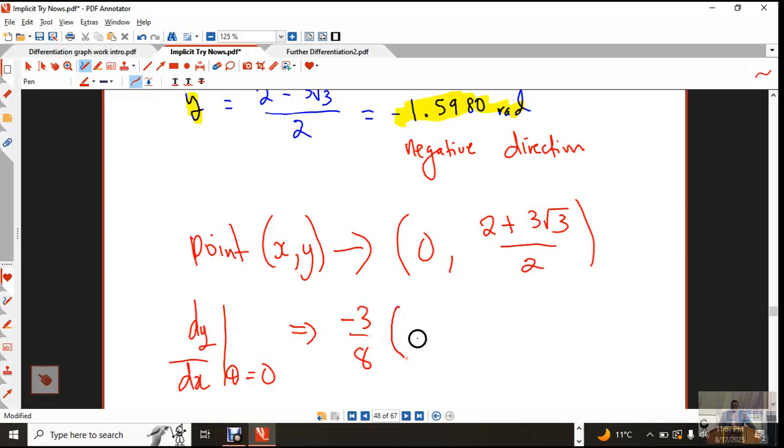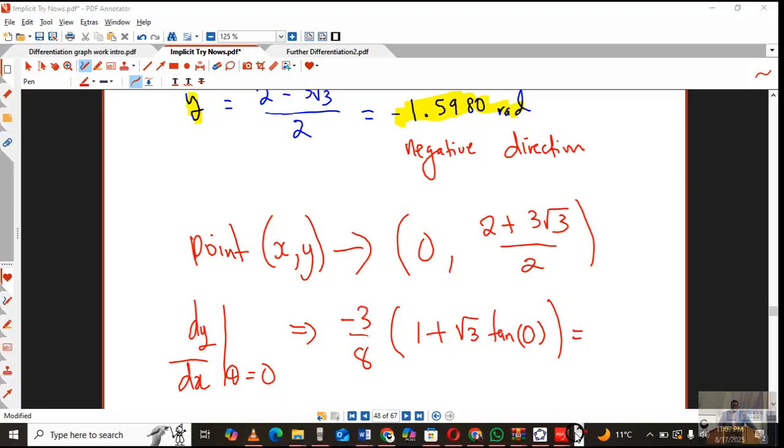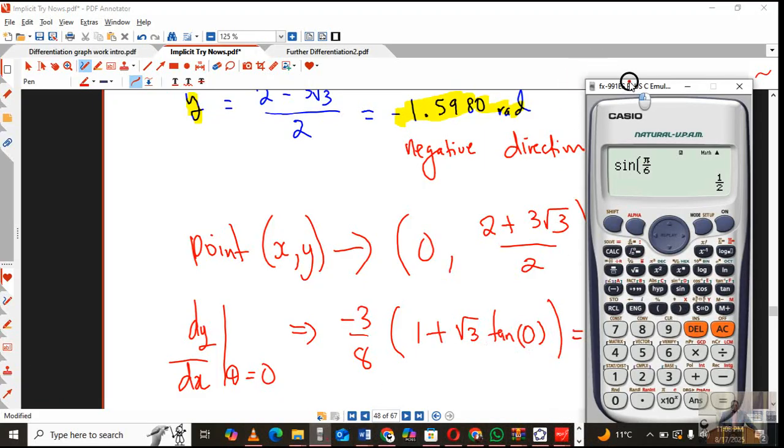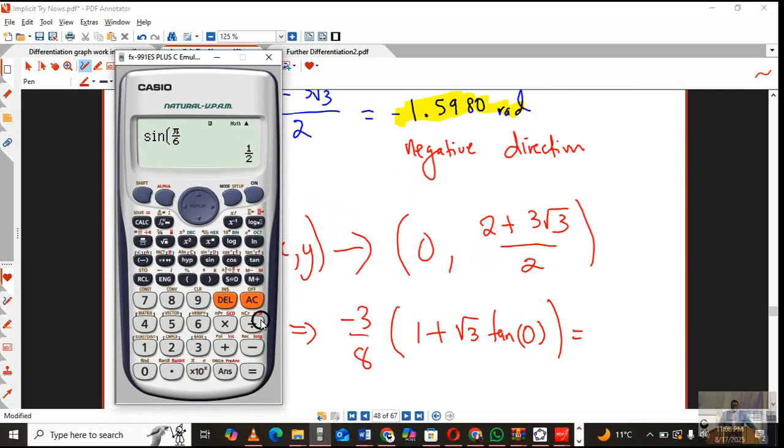And then remember, we had 1 plus root 3 times the tangent of 0. Of course, now if you have all of this on your calculator, you can check. When you check on your calculator, I'm very interested in what is going to happen inside the bracket.